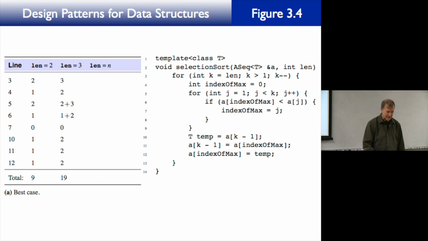So that was 2, 3; the next one, for length equals 4, what would those numbers be? Let's do it just verbally. What would it be? 4, 3, 2 plus 3 plus 4, 1 plus 2 plus 3, 0, 3, 3, 3. So now what is it for n?